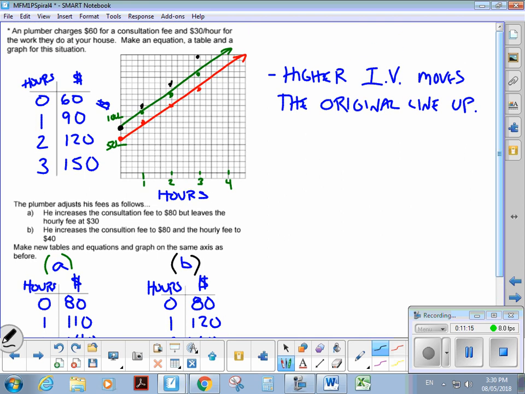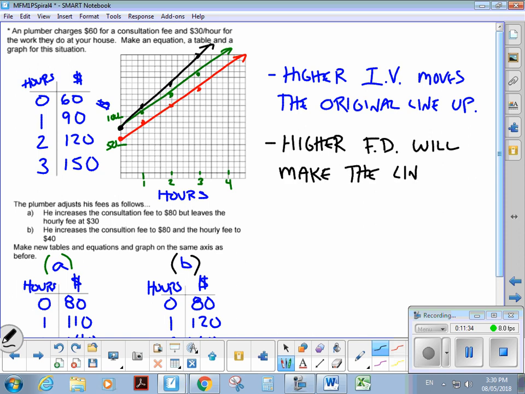Oh, it's going to be up here. So what happens in situation 3? What happens if we increase the first differences? A higher first difference will make the line, how would you describe it? It is steeper. It's going up faster than both the red and the green.